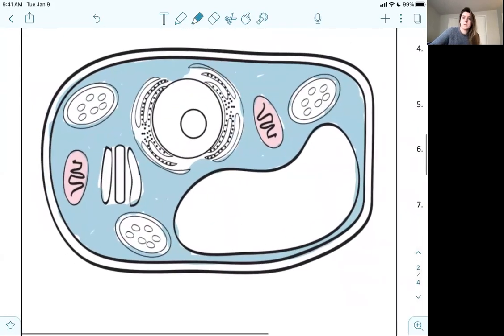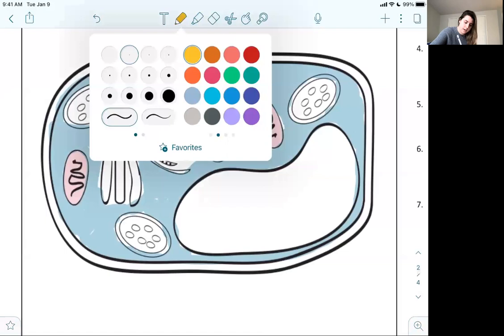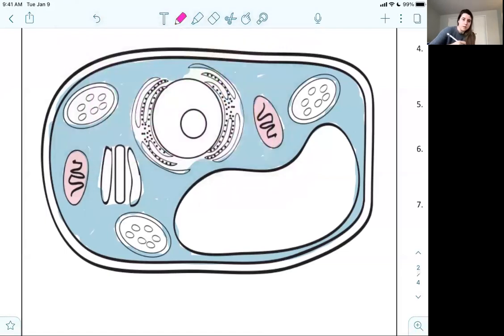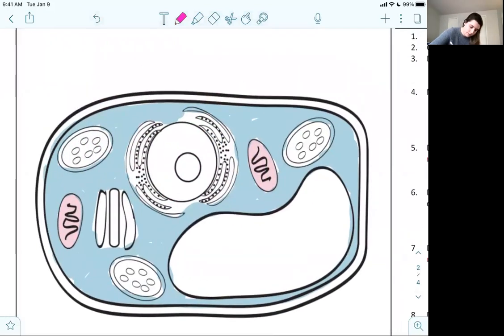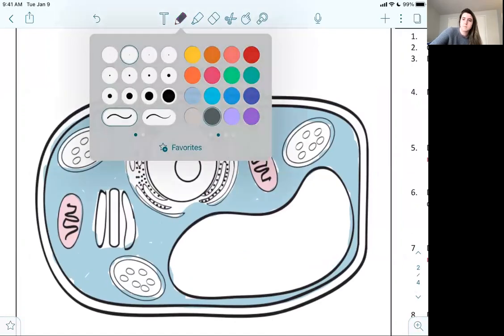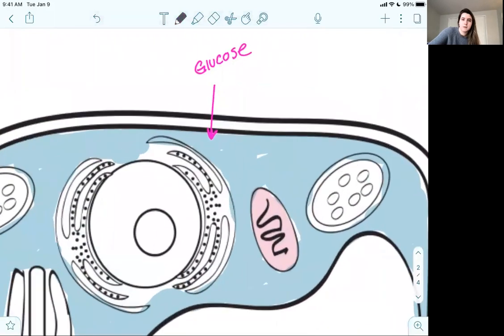Next, it says that we have to draw an arrow showing glucose entering the cell. I am going to go ahead and grab my pink marker here, and I'm going to draw glucose right over here. So entering the cell, we have glucose, and it also asks us to state the type of transport and where that glucose is coming from.